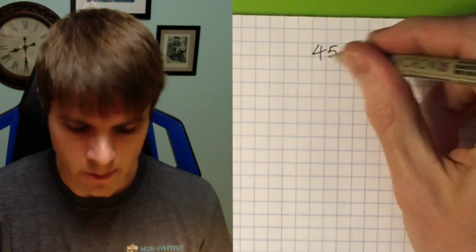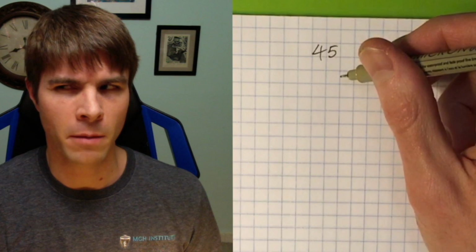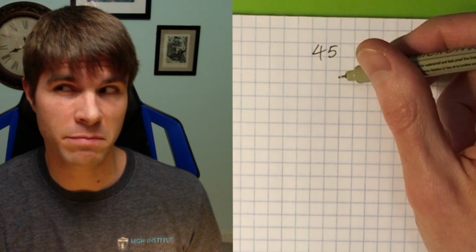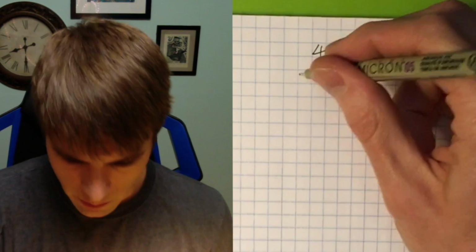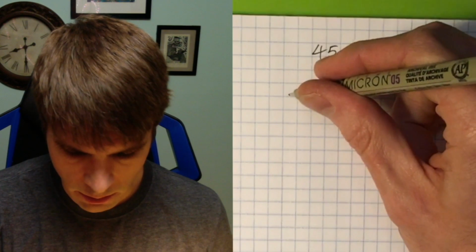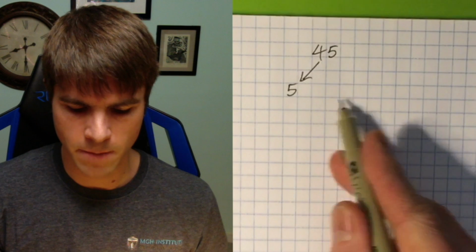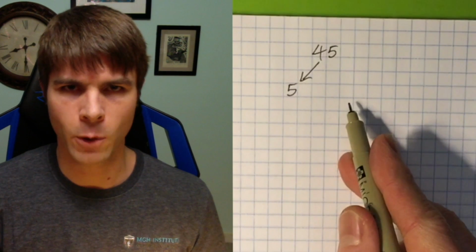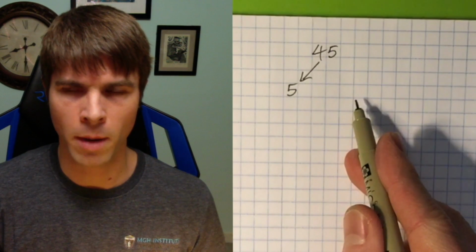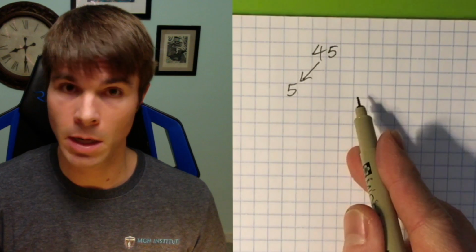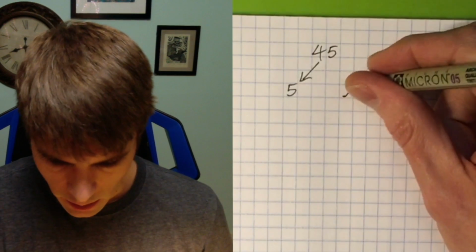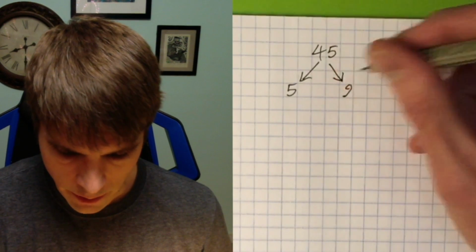I know that 45 has to come from the fives because it ends in 5. And what do I have to multiply 5 by to get 45? Remembering my fives, 9. I'll put 9 over here.